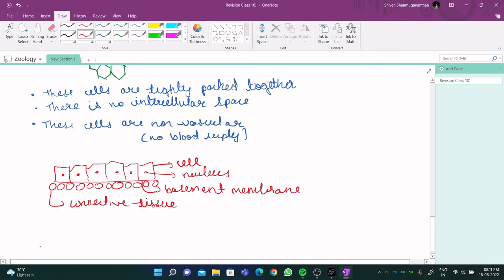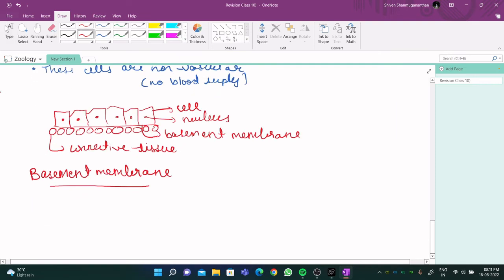Now, some features of the basement membrane. Let's change the color first.